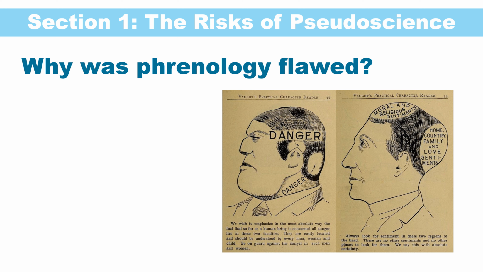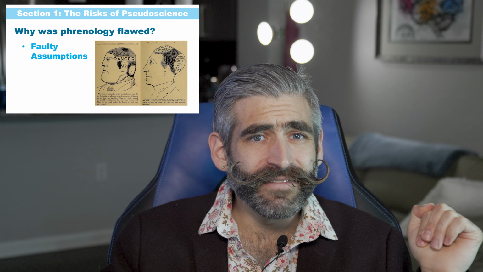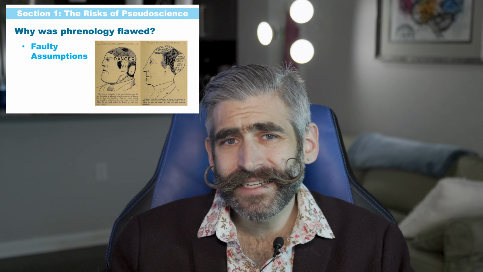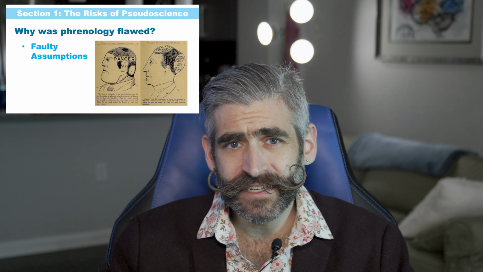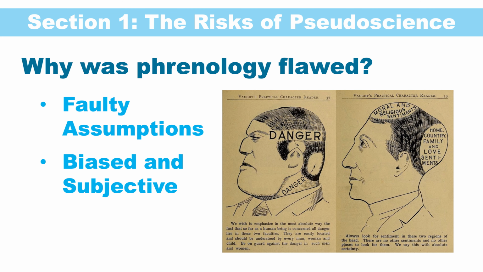Sounds fascinating, but it lacked one critical thing: scientific rigor. Here's why phrenology failed as a legitimate science. It had faulty assumptions. They believed that different areas of the brain controlled specific traits and that these areas directly shaped the skull's surface. Modern neuroscience has disproved this idea. It brought in bias and subjectivity.